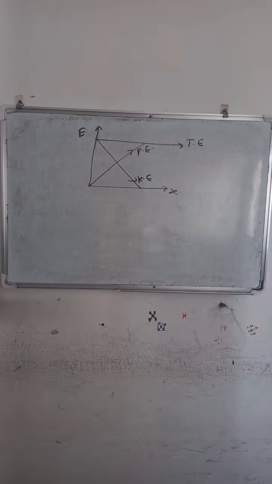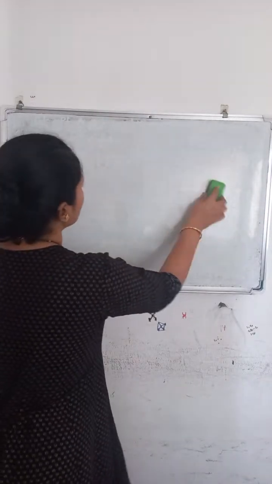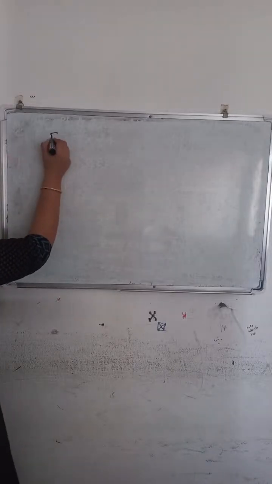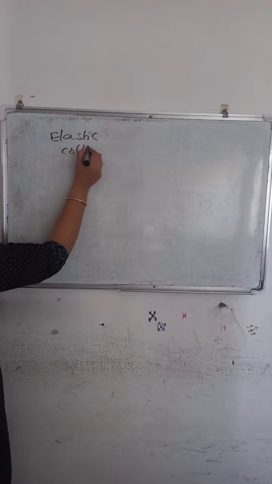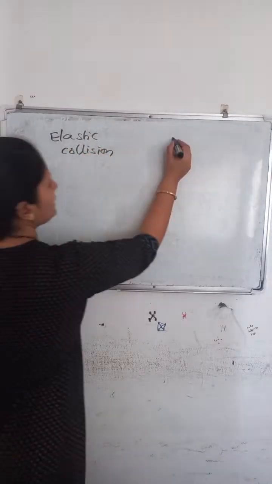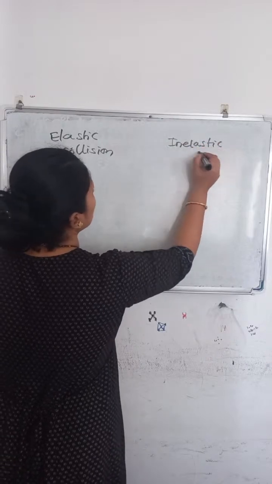Collisions are of two types, that is elastic collision and inelastic collision. Here I will make two different columns and then explain: elastic collision, and here we have inelastic collision.